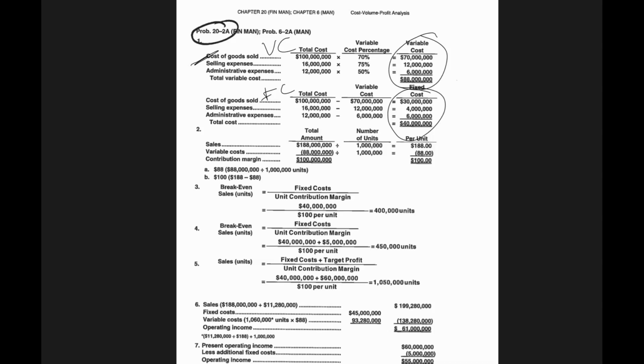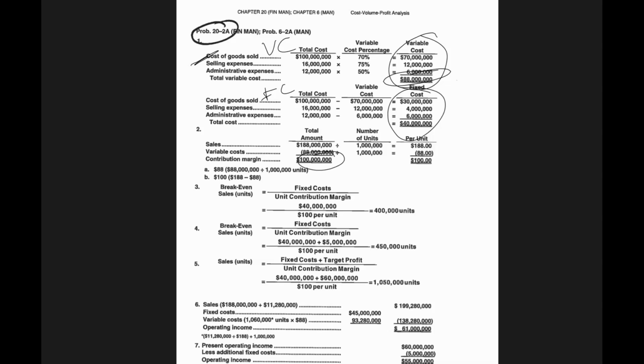Number 2, determine the unit variable cost and the unit contribution margin. So we know what the total sales are. Total sales is 188 million, and that's right from that income statement there. Variable cost here is the 88 million. So then we get our contribution margin of 100 million.